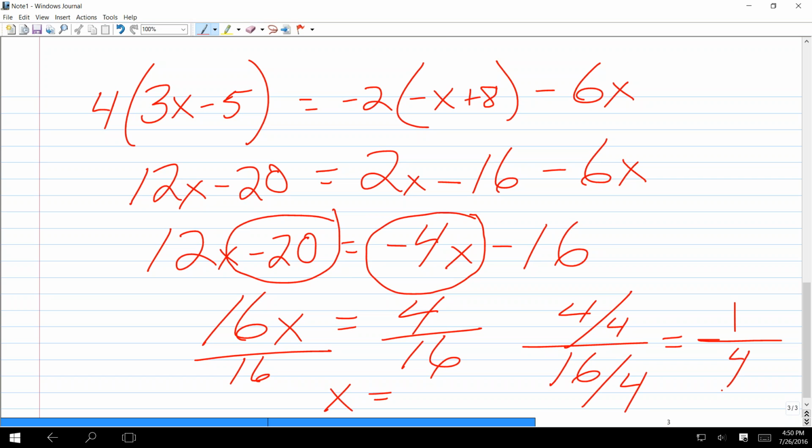So that's how I get the 1/4. You can always divide the numerator and the denominator by the same number if you can do it. Let's do some more simplifications. Simplify that.